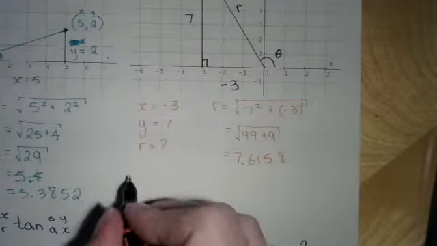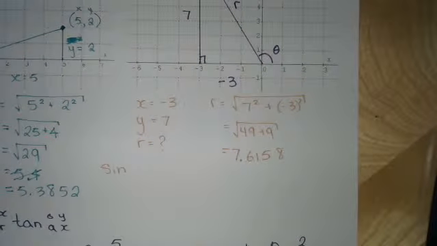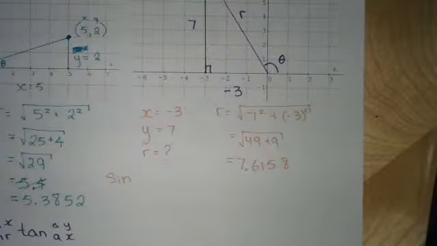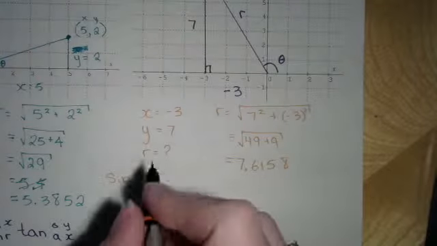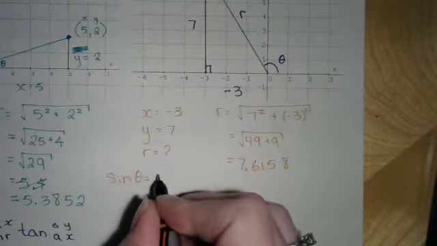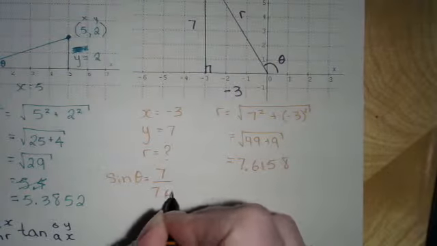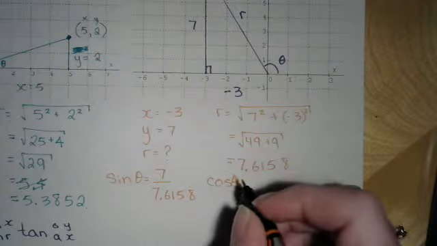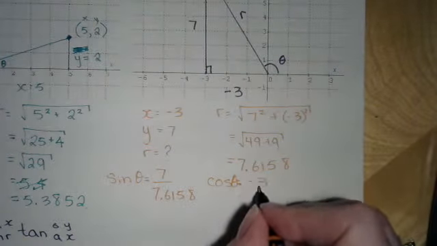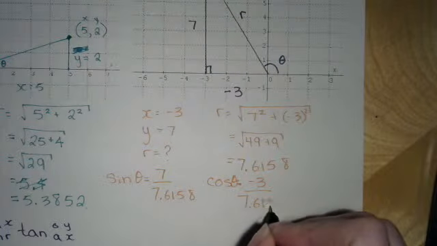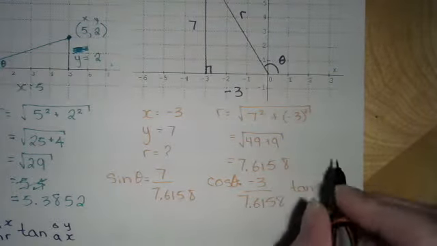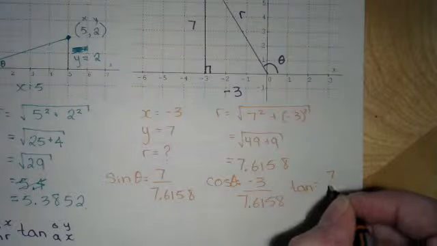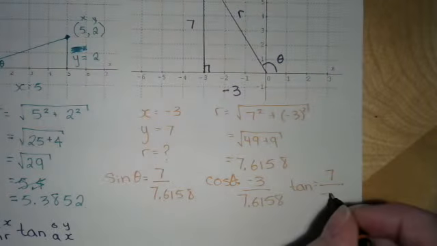So let's check out our trig ratios this time. Sine is opposite over hypotenuse, or in other words, sine is y over r. Y is 7, r is 7.6158. Cos is x over r, -3 divided by 7.6158, and tan is y over x, which is 7 divided by -3.